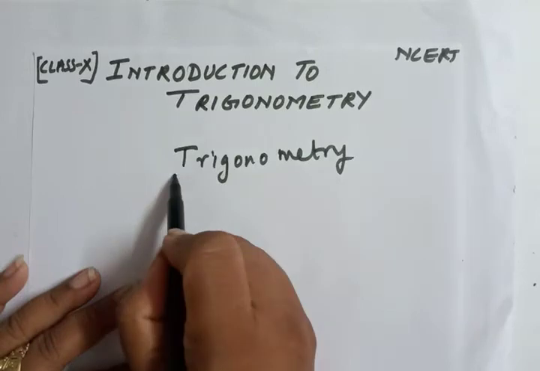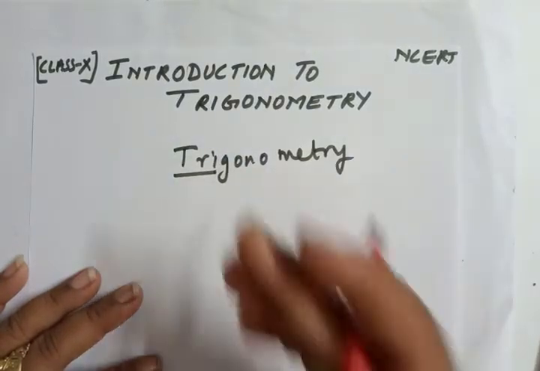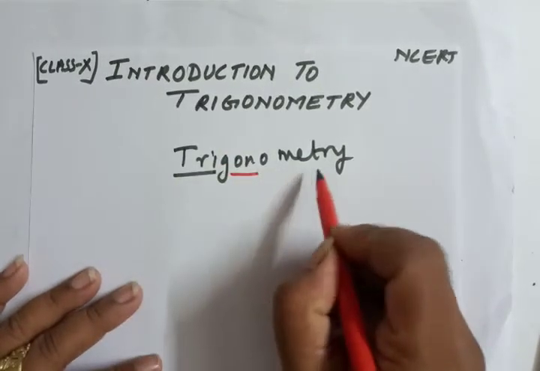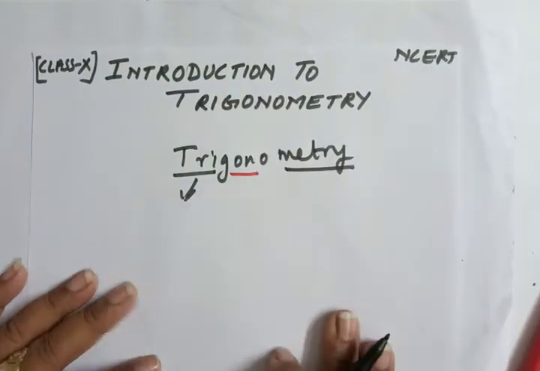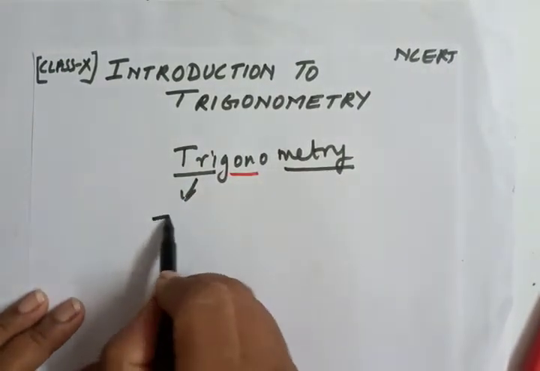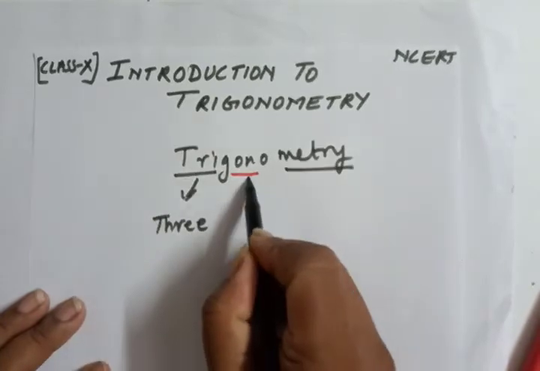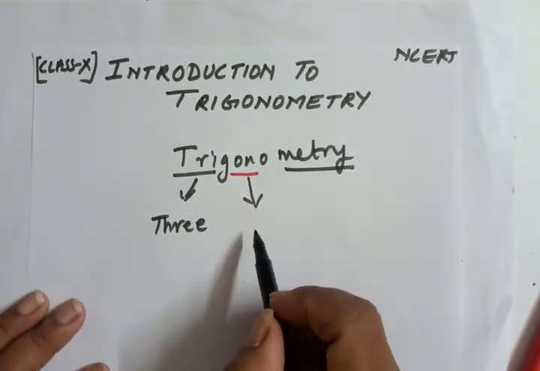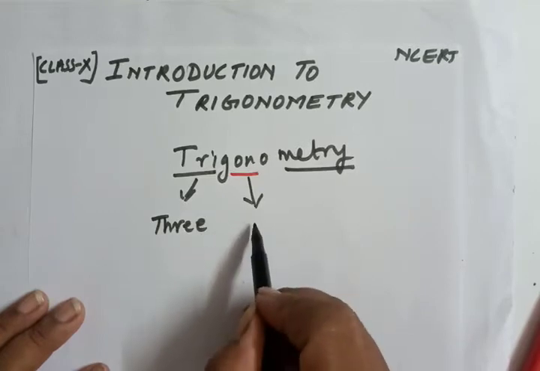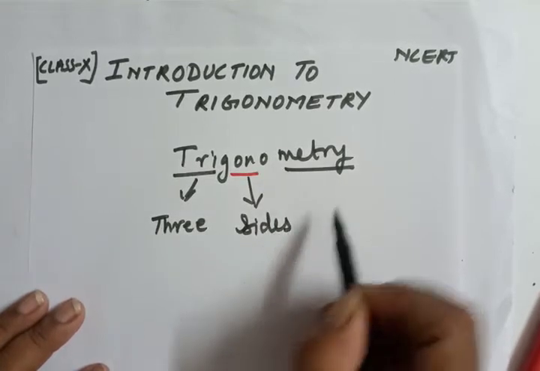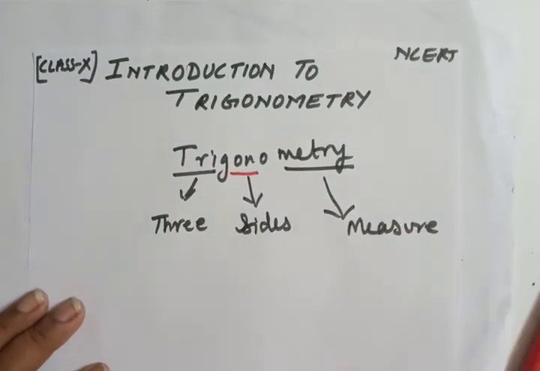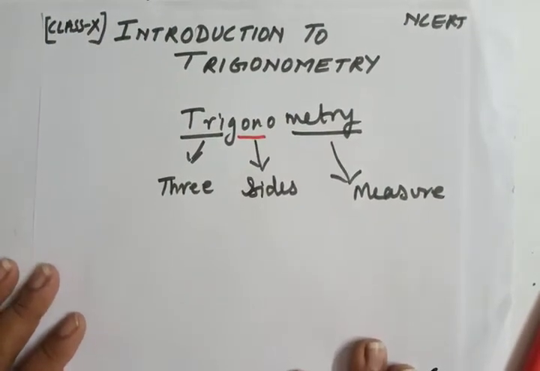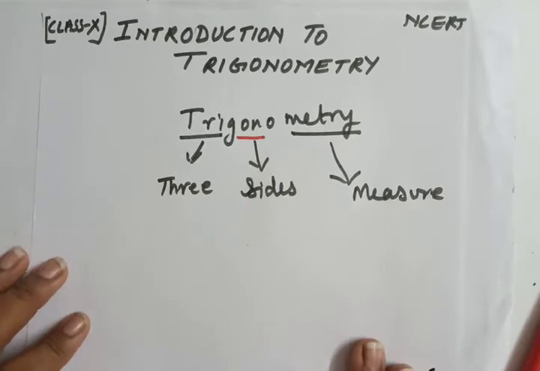If we see tri, gono and metry, here tri means 3, gono is a Greek word meaning sides, and metry means measure. Basically trigonometry deals with the 3 sides of a triangle.